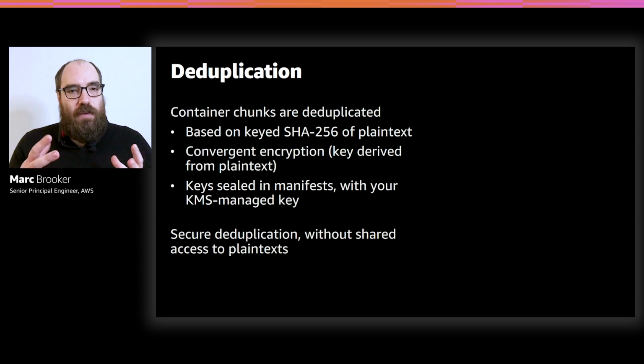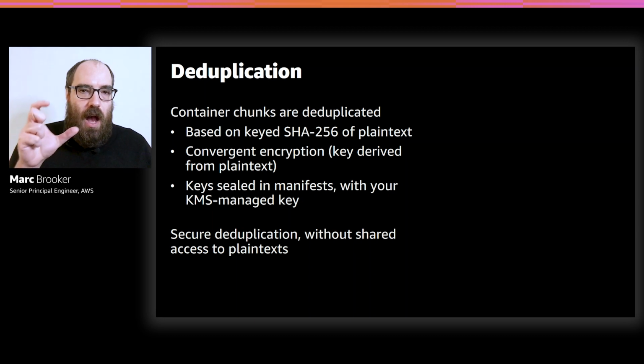We take each chunk of data and we use a keyed hash and some other techniques to extract a key from that data that is deterministically calculated. We then encrypt that chunk using modern strong encryption techniques, and we take that chunk key and we put it into a manifest.